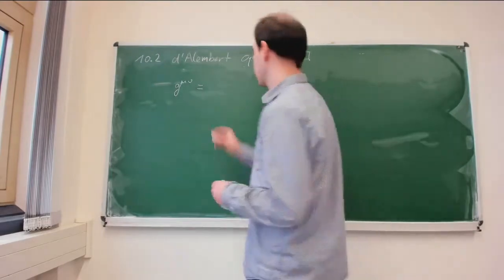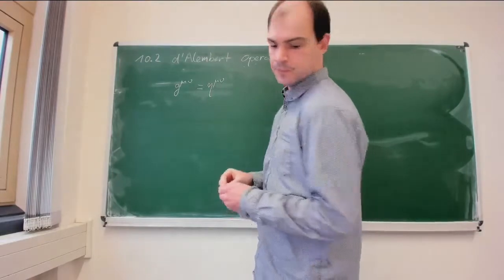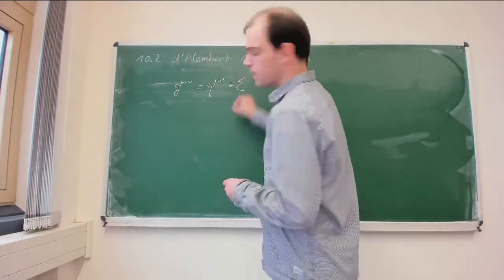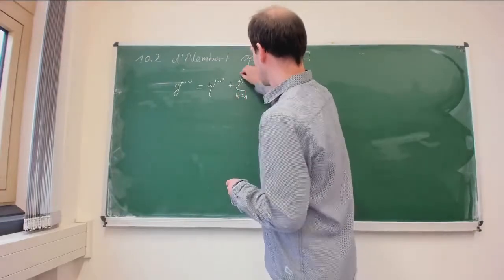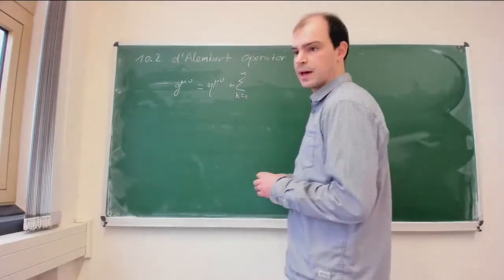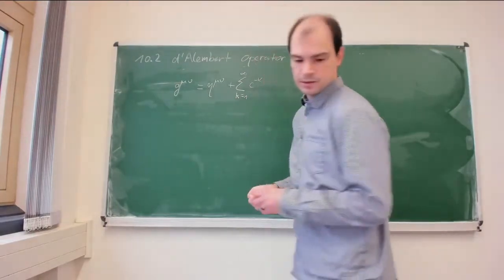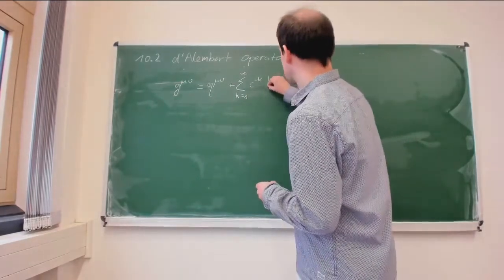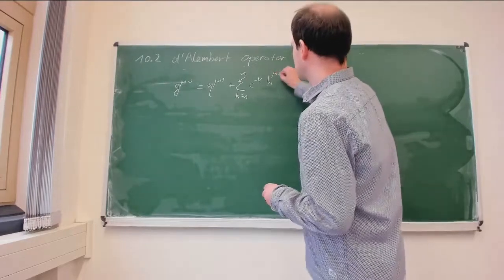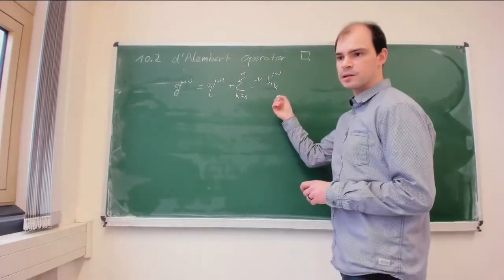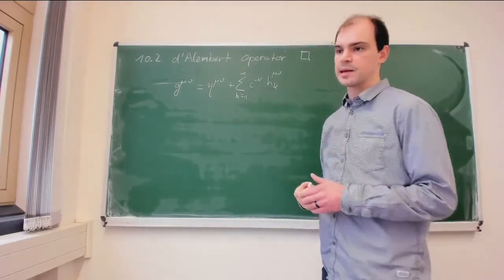We write the metric as the flat spacetime metric plus a sum over different terms, where k runs from 1 to infinity, with powers of c to the minus k and coefficients that we just call h mu nu k. So this is the general correction to the metric at an order c to the power minus k.